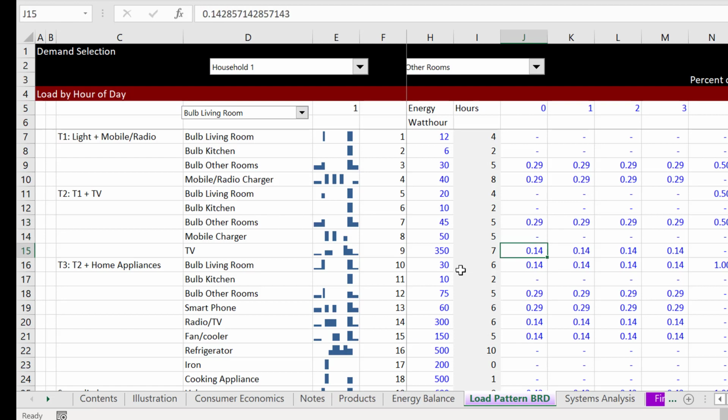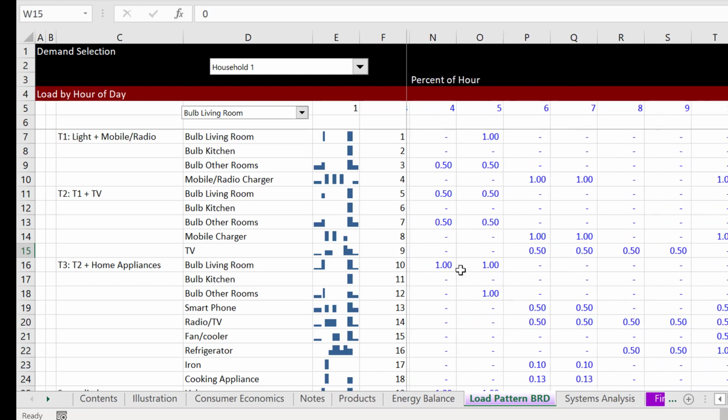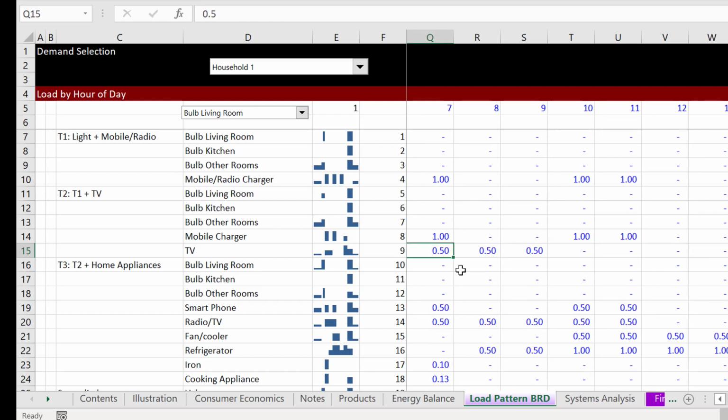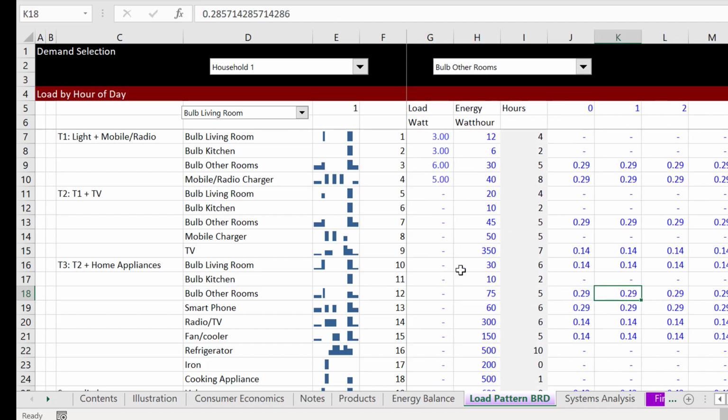So in a television, we're watching it for 14% of the time, I suppose, and then we always have it on between 16 and 17 hours. I don't know why, from 4 to 5. There must be a good television program on. And we can do that for all sorts of different appliances.